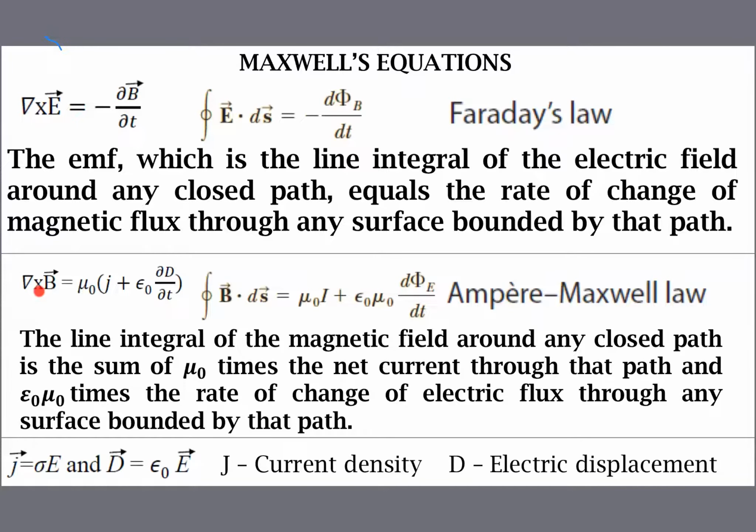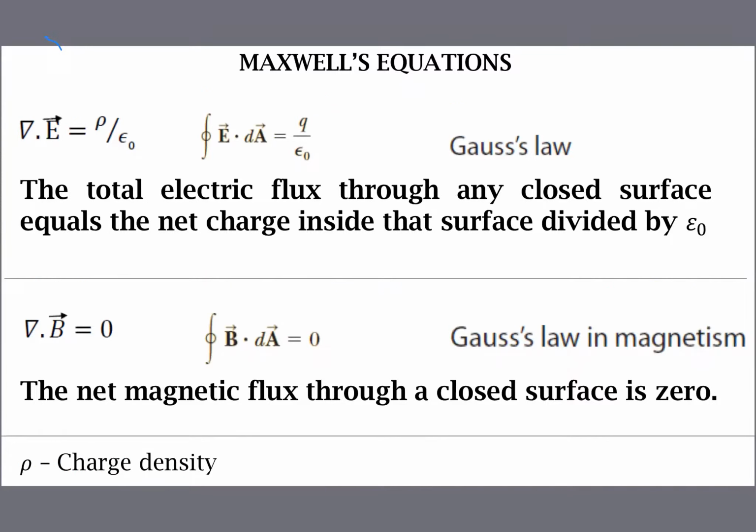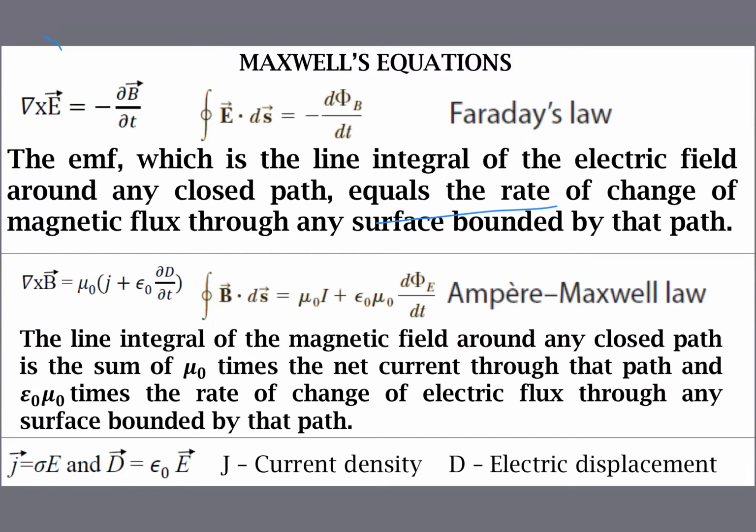Another thing you should notice is that two of them are talking about the electric field, while two of them are talking about the magnetic field. When we are talking about electric fields and magnetic fields, we are talking about electromagnetism. And the knowledge of Maxwell's laws has helped in many areas, like transmission of electromagnetic waves, calculation of speed of light, and many applications in electronics.